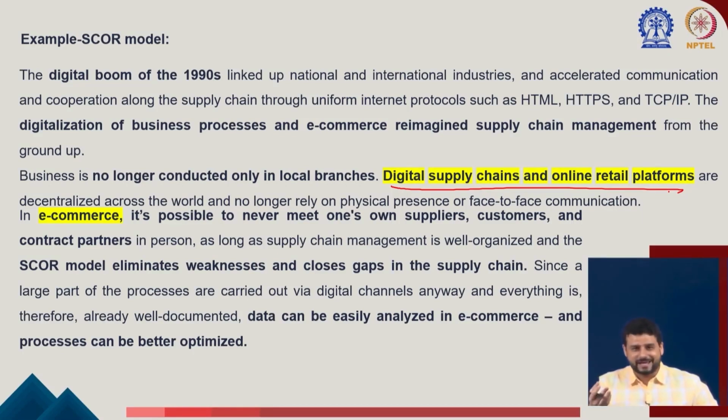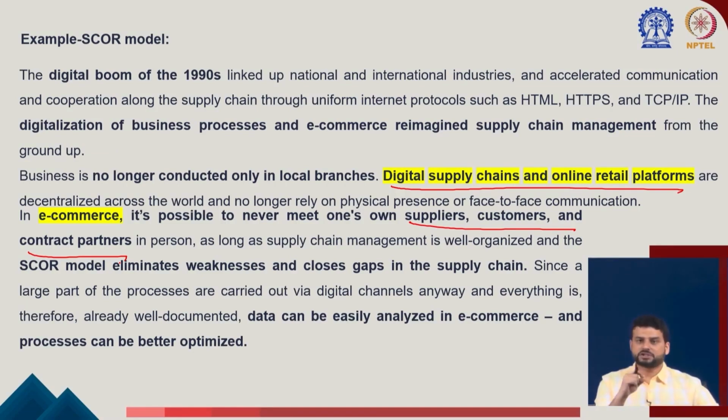So this is how you can implement your SCOR model in e-commerce, to integrate your suppliers, customers and contract partners throughout your supply chain, right? Only when you are able to integrate will your SCOR model work perfectly, because in that way you can quickly share the information.